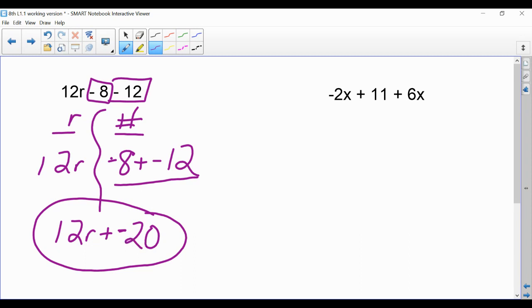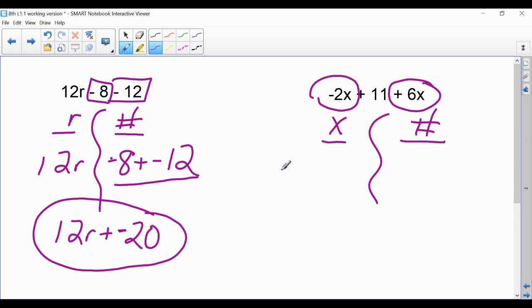The next one says negative 2x plus 11 plus 6x. So again, we do not have all like terms in here. We have x's and we have numbers. So under the x's, we have negative 2x plus 6x.